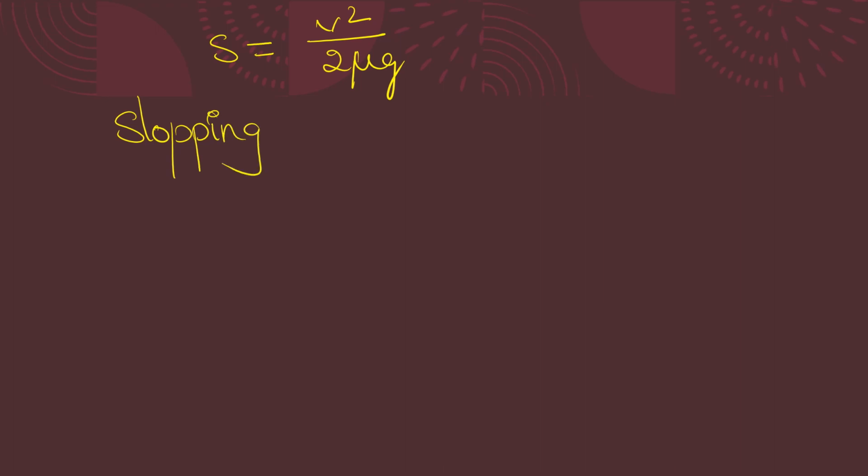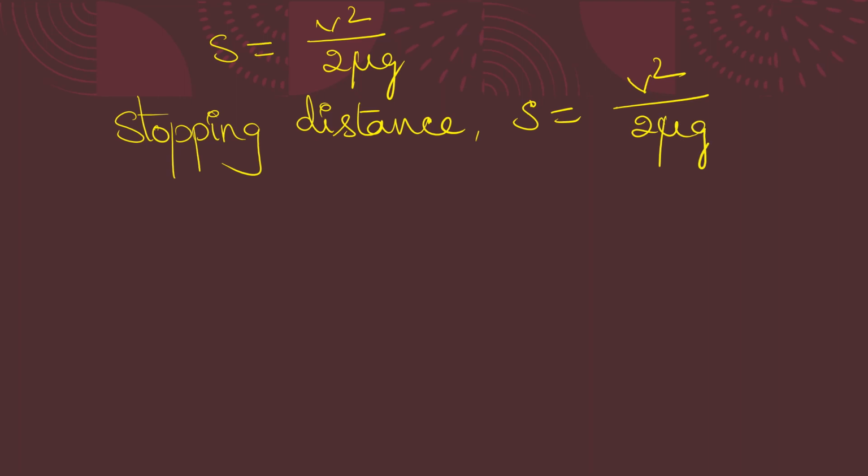From this, s is equal to v square by 2 mu g. So this is the stopping distance, s is equal to v square by 2 mu g.